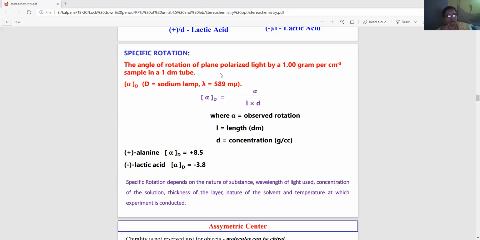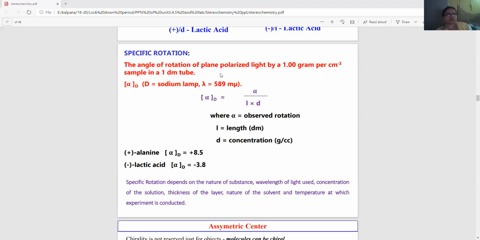millimicrons. Now this alpha D is equal to alpha by L into D, where alpha is the observed rotation. So we are seeing through our eye, through the polarimeter, how much rotation has been made, either clockwise or anti-clockwise. Then L is the length in decimeter and D is the concentration in grams per cc.